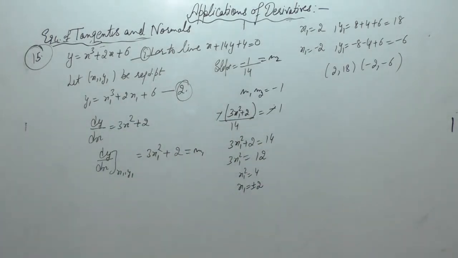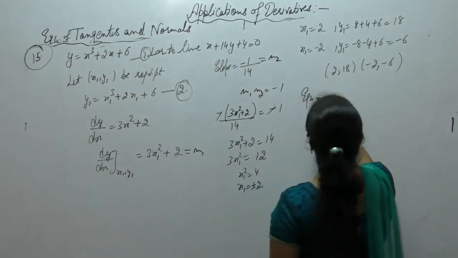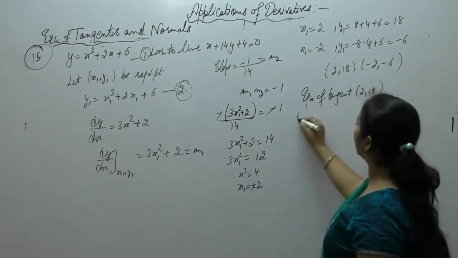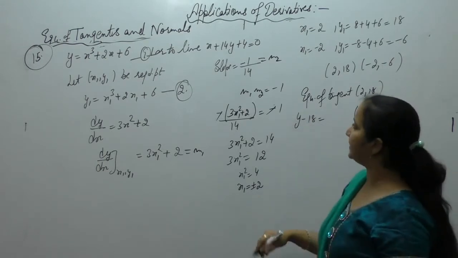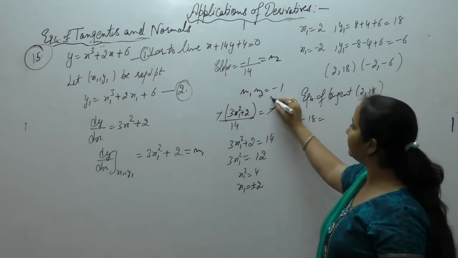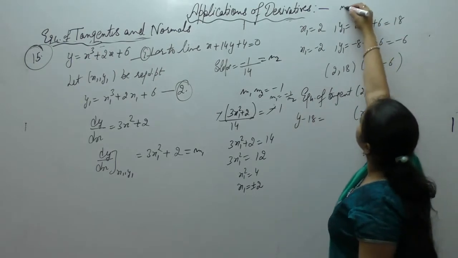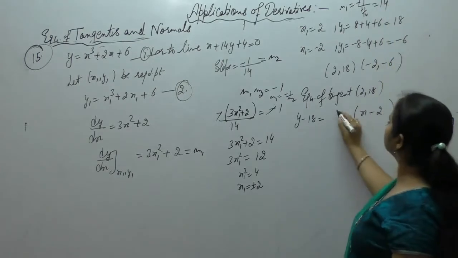Now write the equation of tangent. Equation of tangent when the line passes through (2, 18): y minus y1 equals slope of tangent, dy upon dx at this point, m1, which is equal to minus 1 upon m2, that is equal to 14.